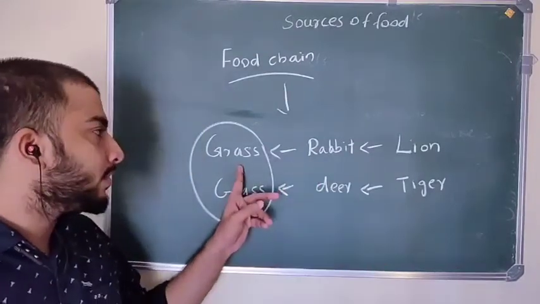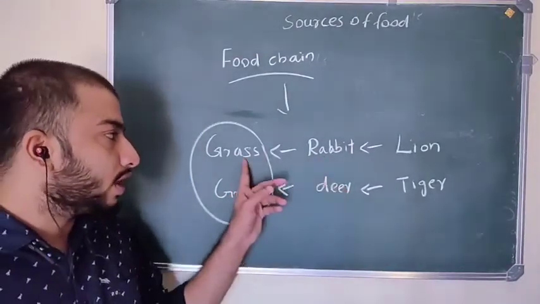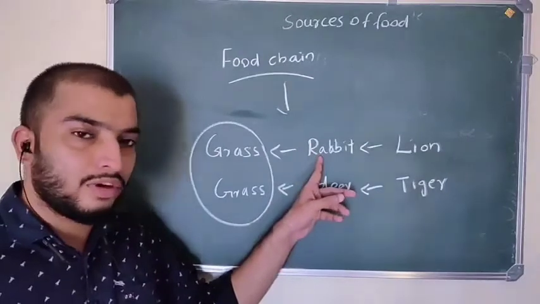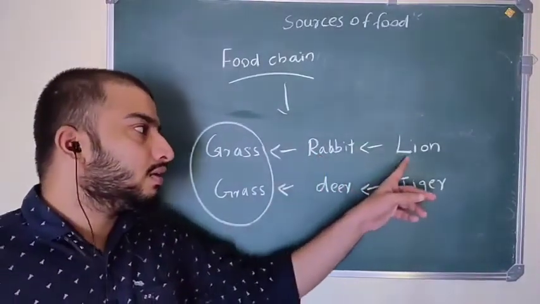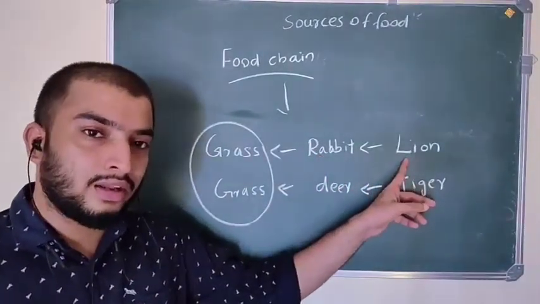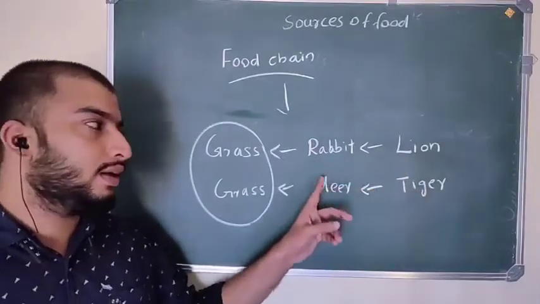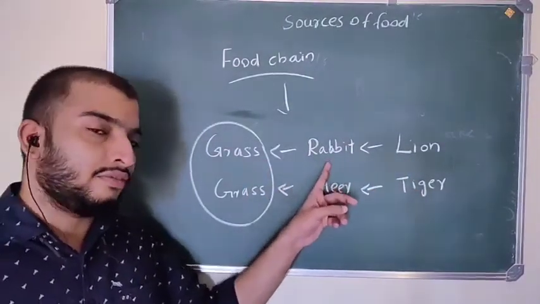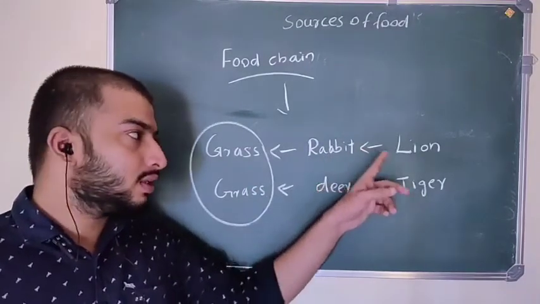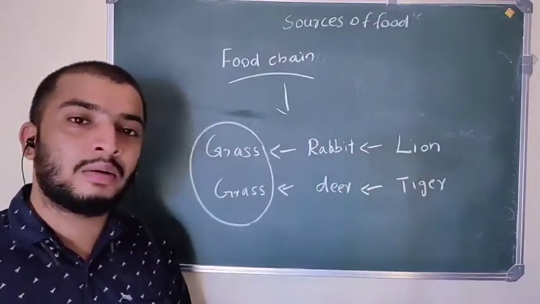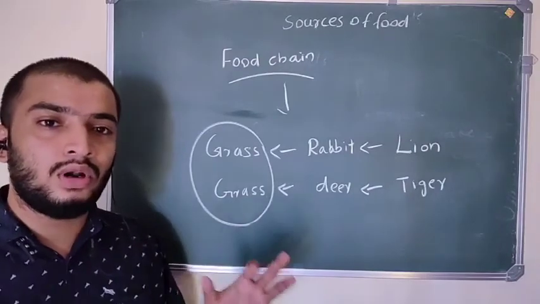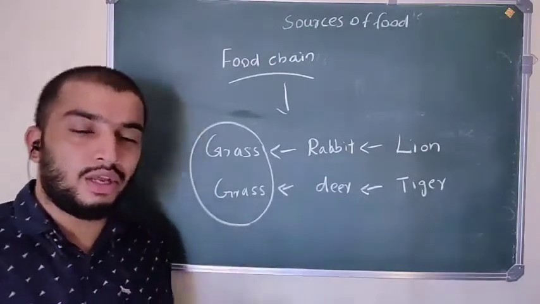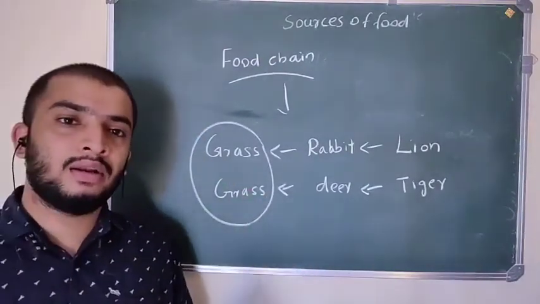Same here. If there is no grass, the number of rabbits will be very low, so tiger and lion won't get food. If there is grass available, the rabbit number will increase and the lion can hunt more rabbits. So all animals depend on plants, indirectly or directly.